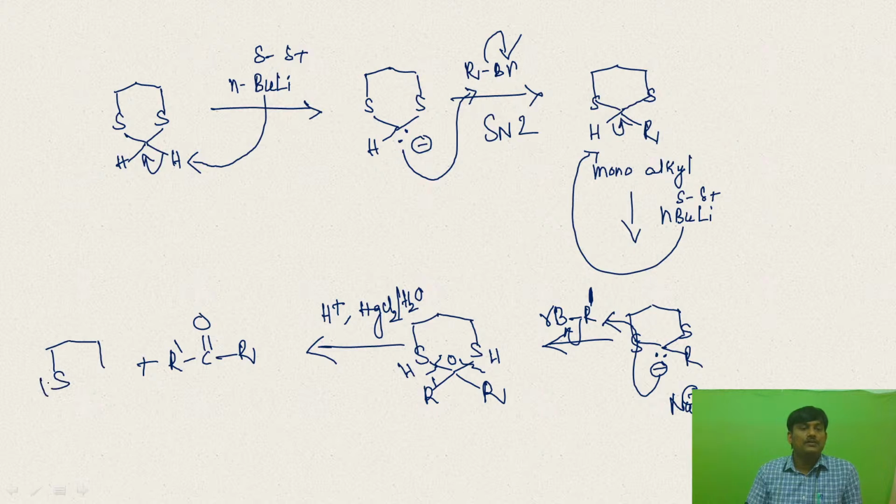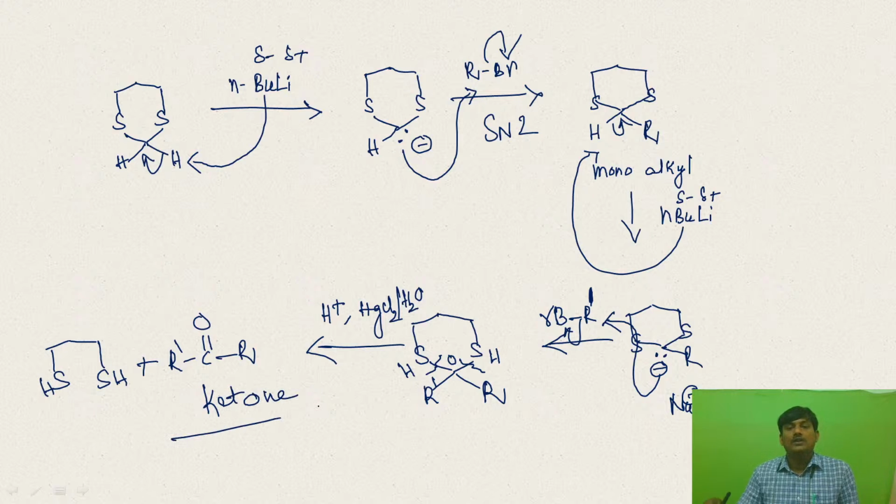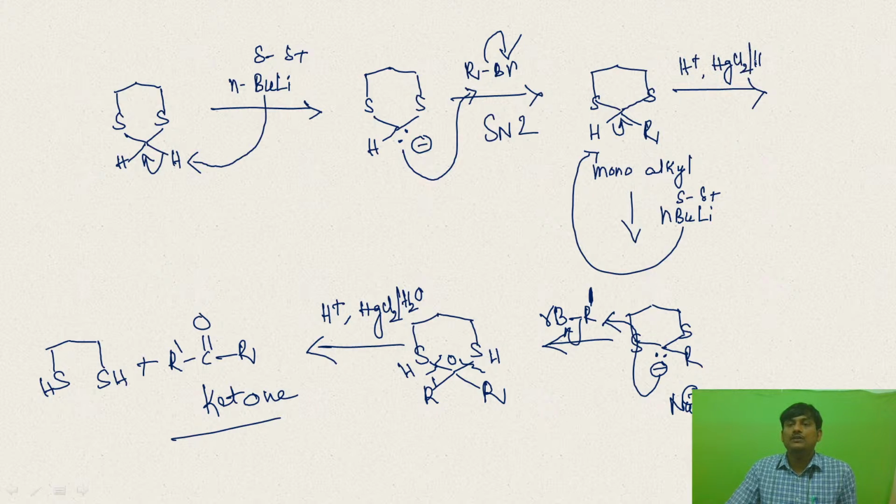Here there is a formation of ketone. Suppose if you take monoalkyl, when you perform acidic hydrolysis in presence of mercury chloride, there is a formation of aldehyde, RC double bond OH.